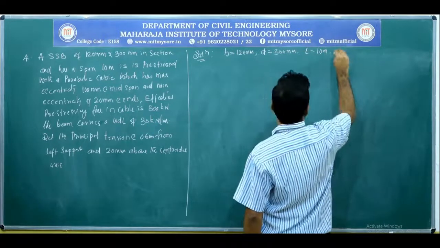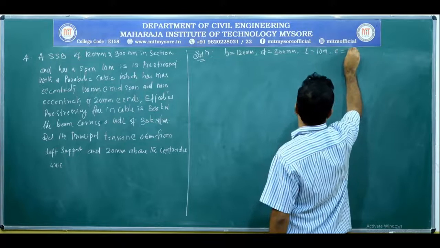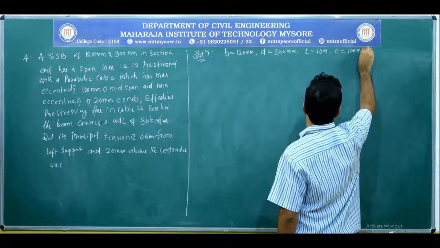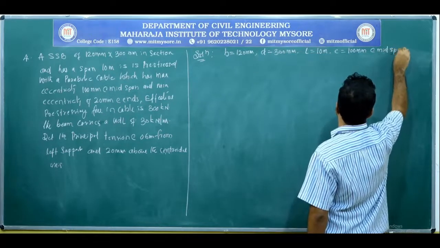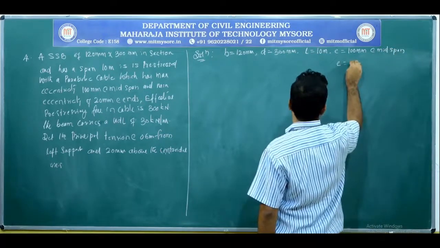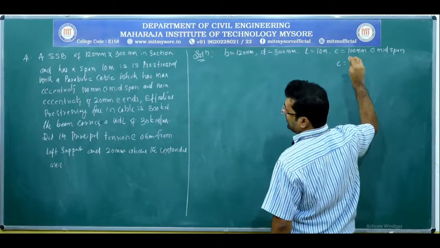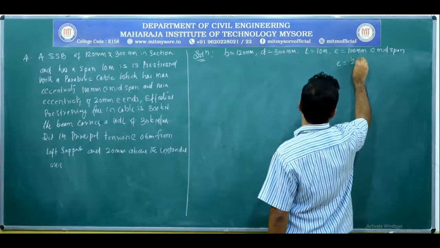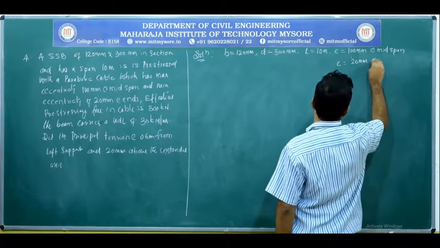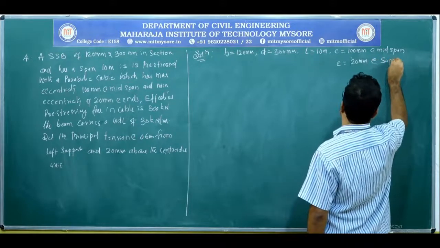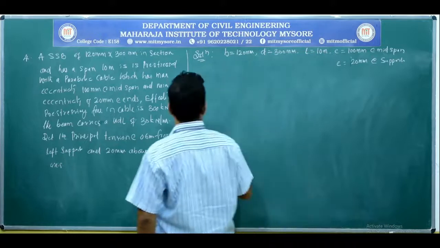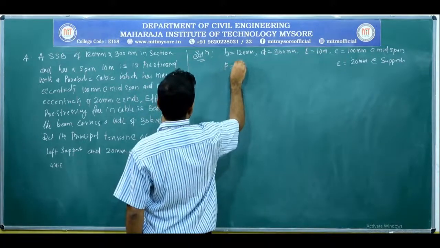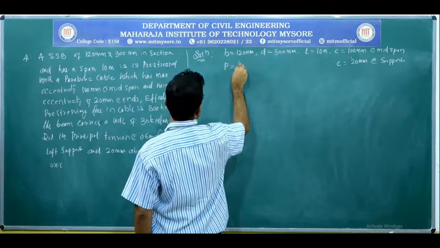The eccentricity is equal to 100 millimeter at the span, and equal to 20 millimeter at supports or at ends. Then apart from that, they have given the prestressing force P as 300 kilonewton.